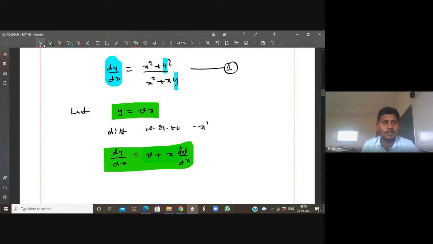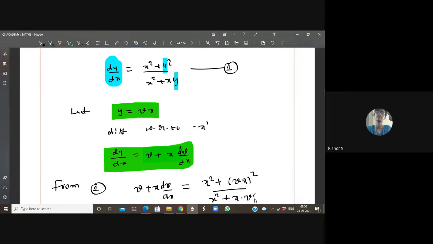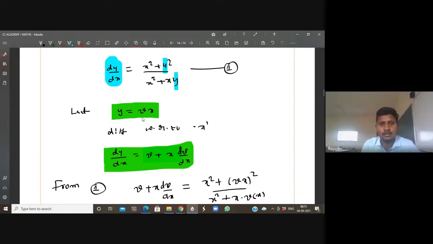From equation 1, left side is v plus x dv by dx, right side is x square plus vx the whole square by x square plus x into vx. Can you explain how we get dy by dx is equal to v plus x dv by dx? Yes, you have to apply the uv rule.